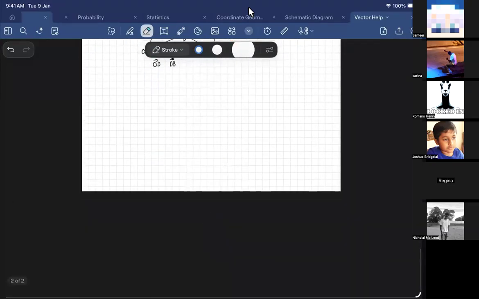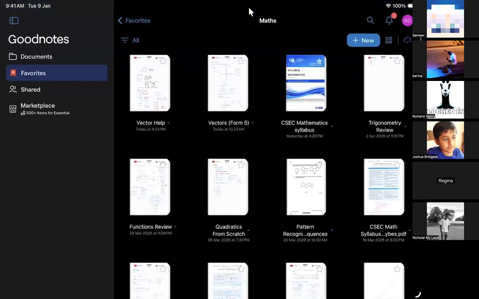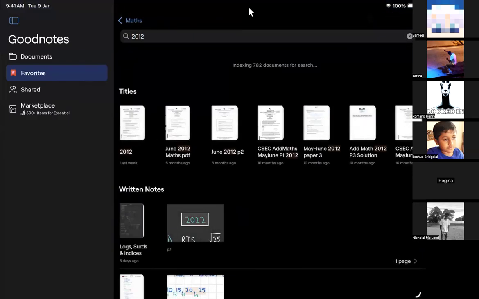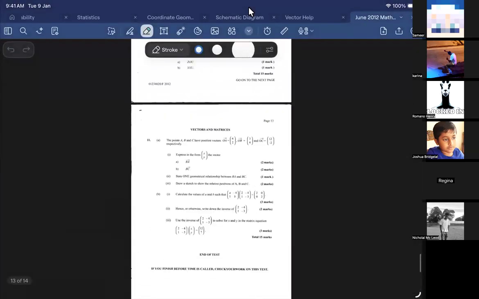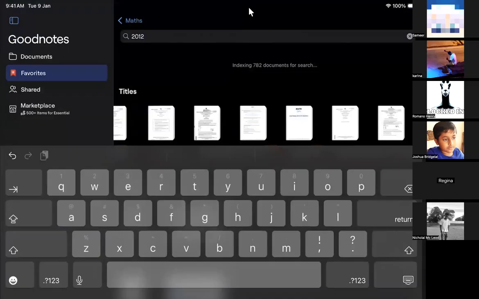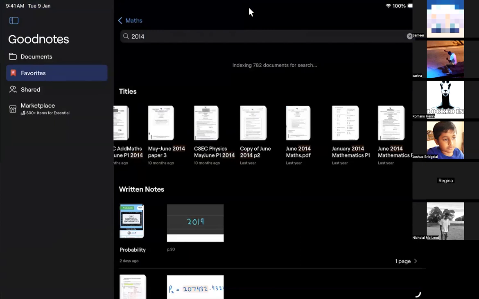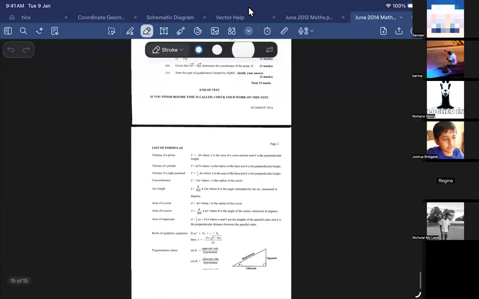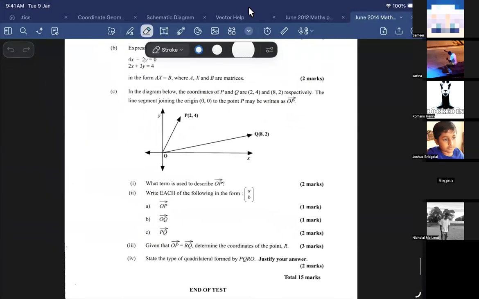This is the thing that has given people the most problems. Let me go into the past papers. Let's see what happened in 2012. That's not the type of question I'm looking for. Maybe 2014.